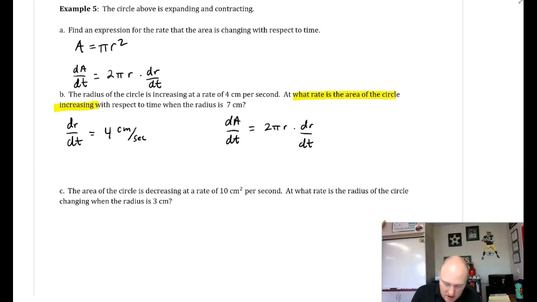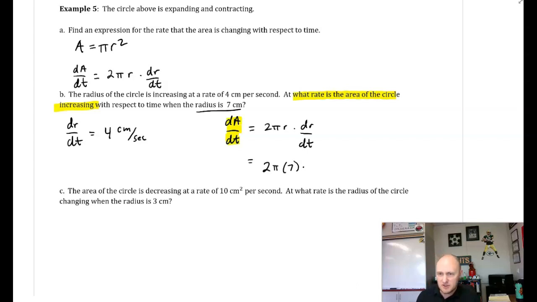So I am solving for dA/dt, and I'm just going to plug in my values. So 2 times pi times r. They say when the radius is 7 centimeters. So they finally give me that. So I plug that in when I am evaluating after I have differentiated. So 7 times the derivative of r with respect to t.